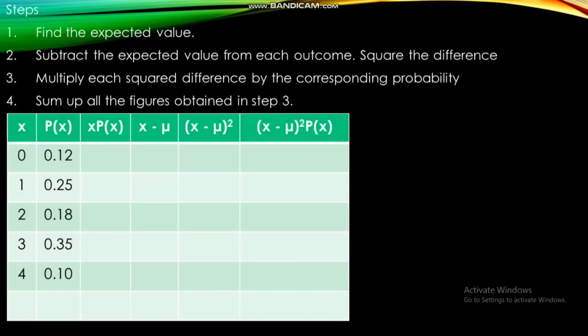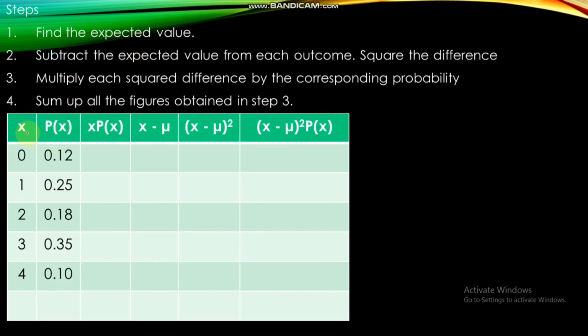So in order to find the standard deviation or the variance of a discrete random variable, first we need to find the expected value. What is the expected value? That is the value of the mean.